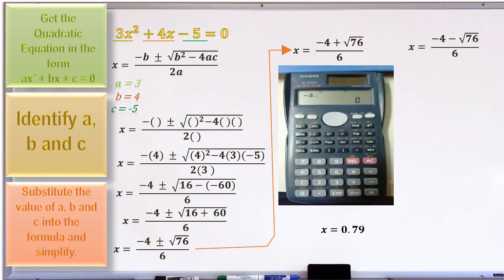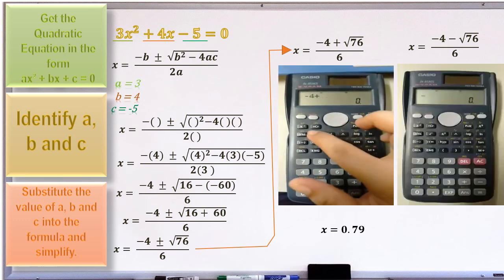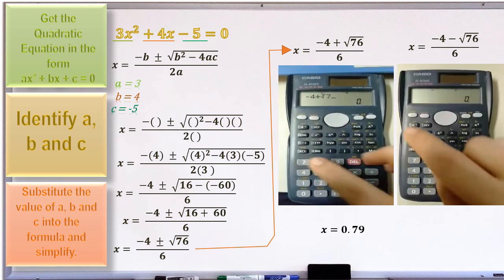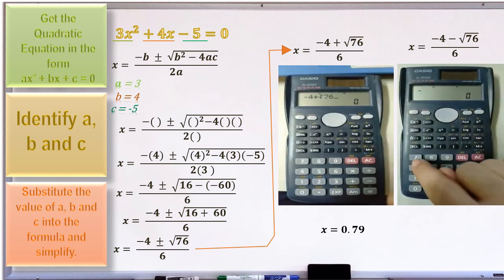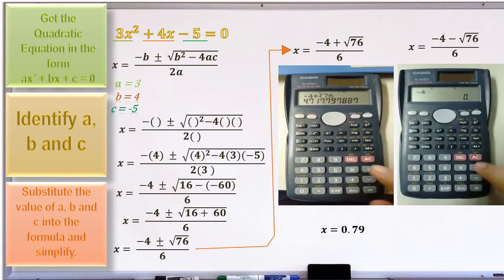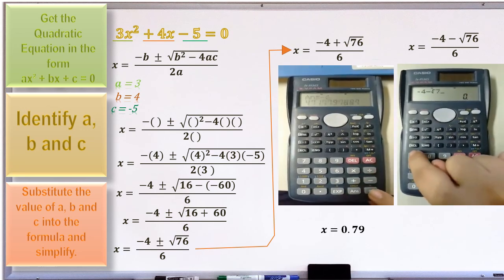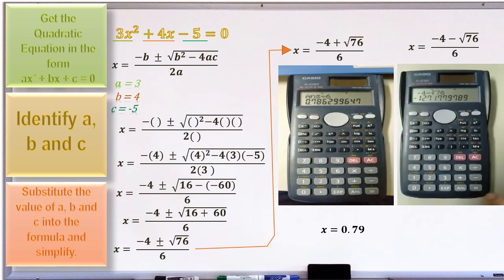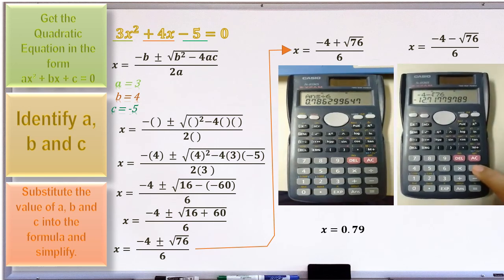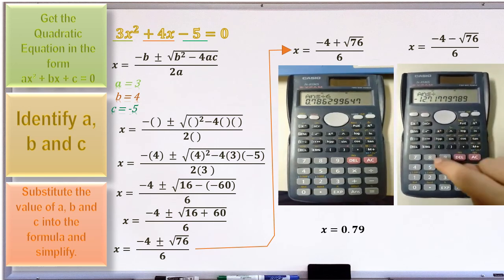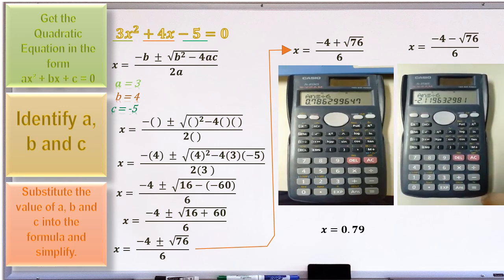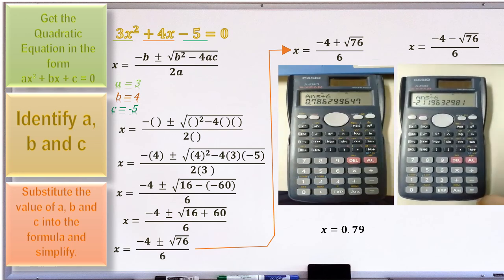So, negative 4 minus the square root of 76 all over 6. Let's have this one. Negative 4 minus square root of 76 equal, next, divide it by 6. So the answer is negative 2.1196328 and 1.